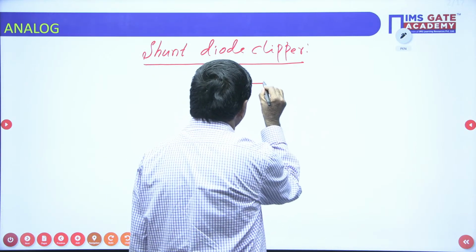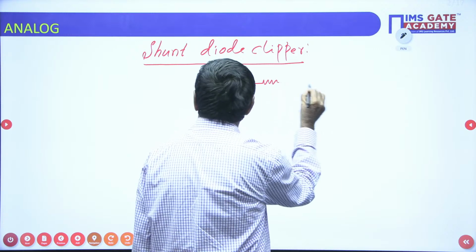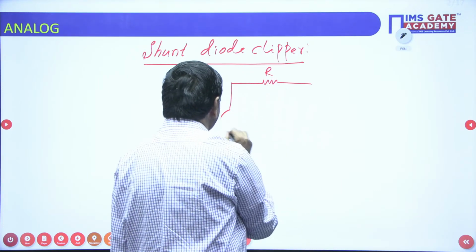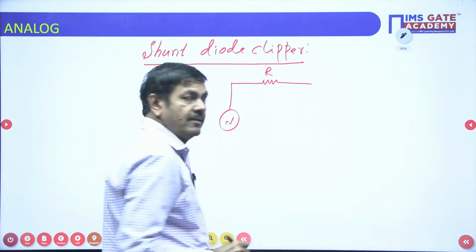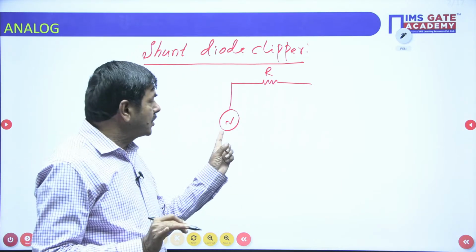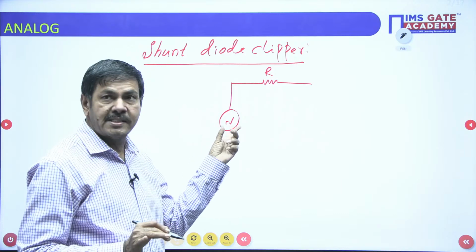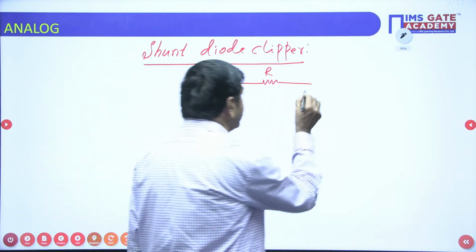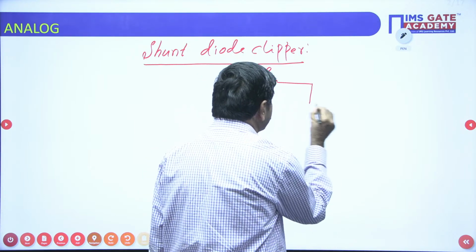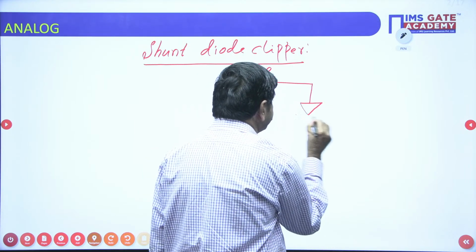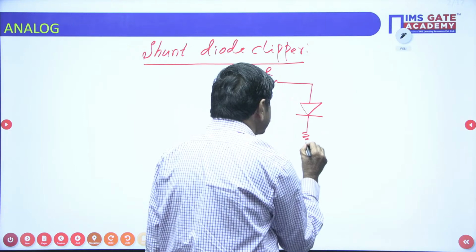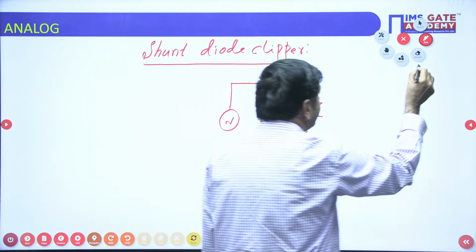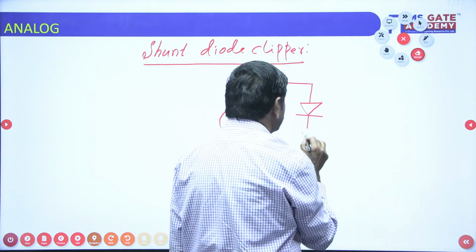I want to give one example based upon the shunt diode clipper. There is a resistor R connected with an AC source. You assume this source is nothing but a voltage source. Here the sine waveform I want to give as an input. Here an ideal diode is connected, and there is a resistor. Otherwise I will connect one source.